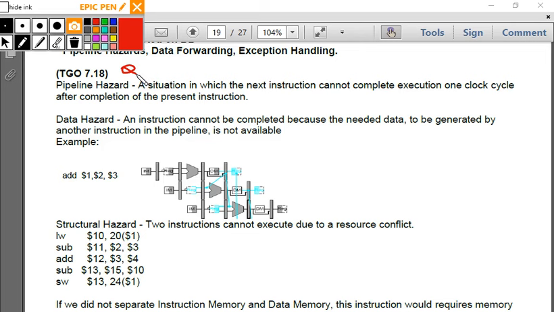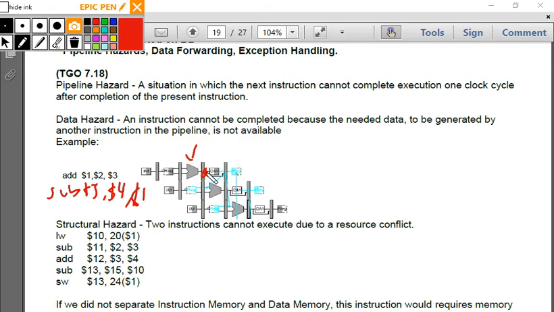And so what we have here could be anything. This could be sub. So here we're updating register 1, right? So let's say sub 1, 5, 4. Here's what's happening. We get to this stage, we execute, and we have the value of 1 here.